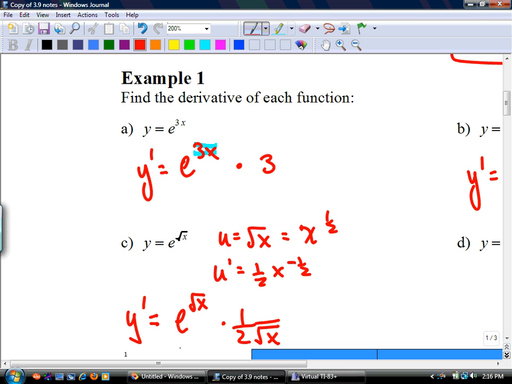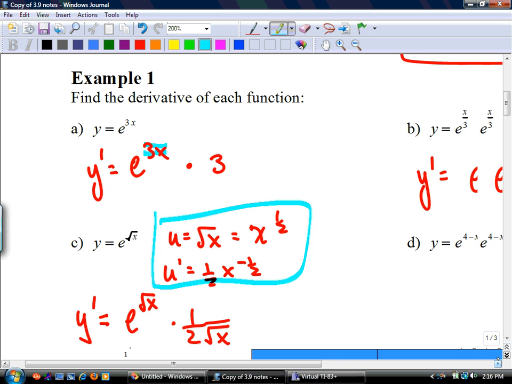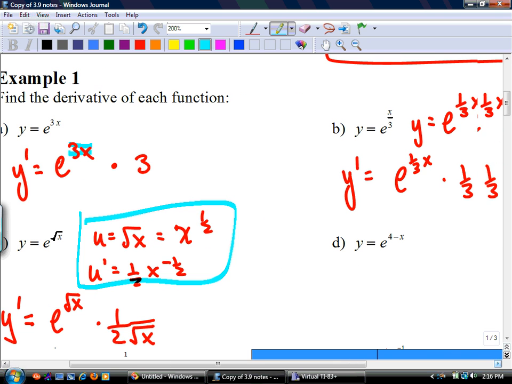Does it help that we do this first? Does it help or no? A little bit? Okay, what's u on the next one? What's u prime on the next one?